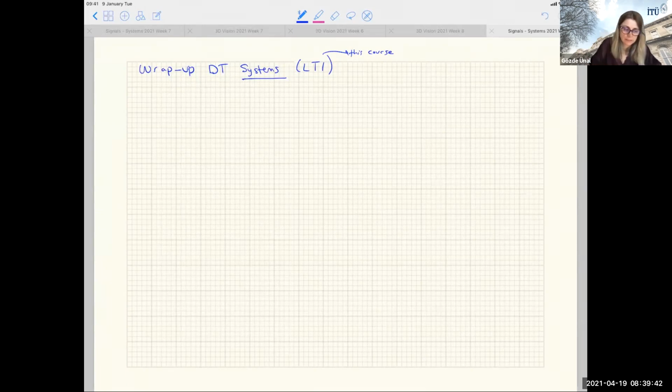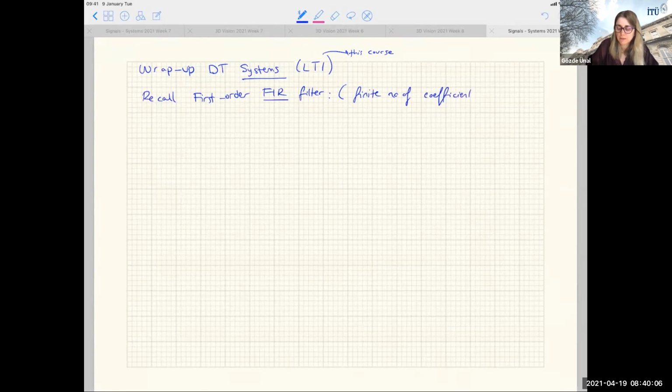So recall, for instance, the FIR filter. Remember, FIR is finite impulse response filters, and we've studied in this course those FIR filters. They have a finite number of coefficients.